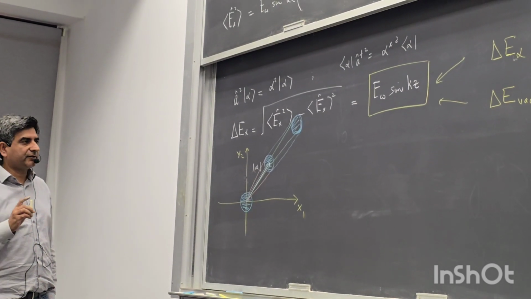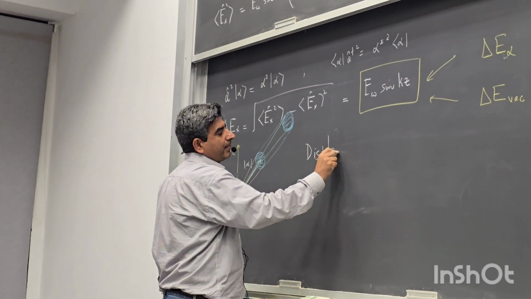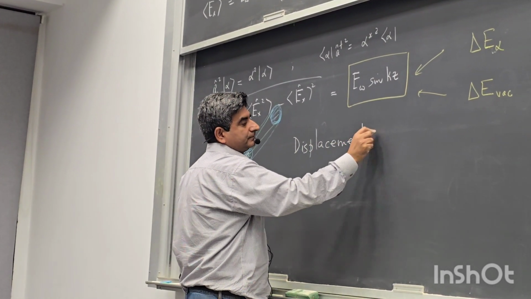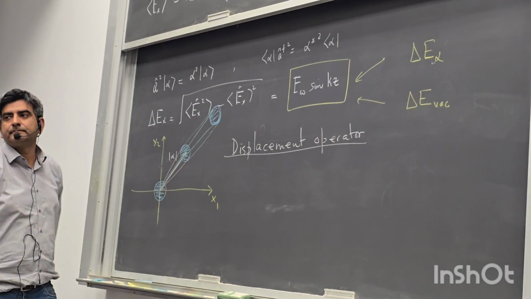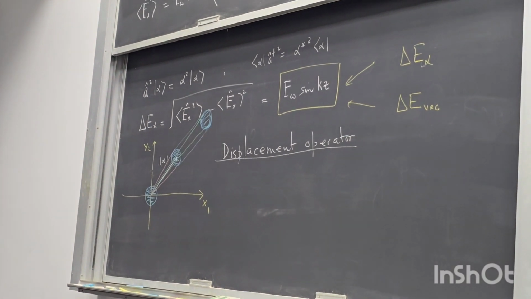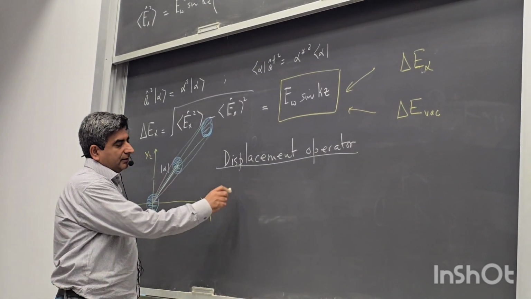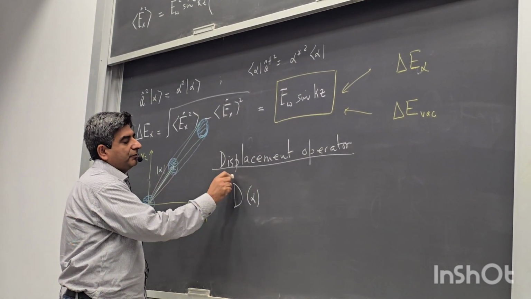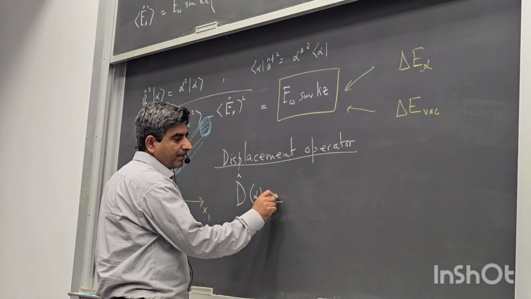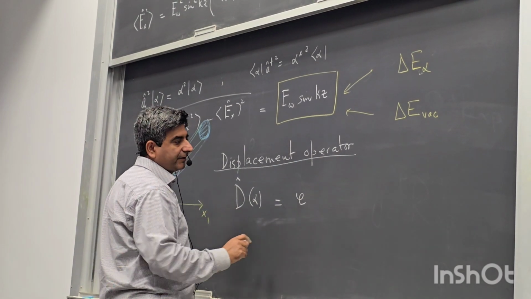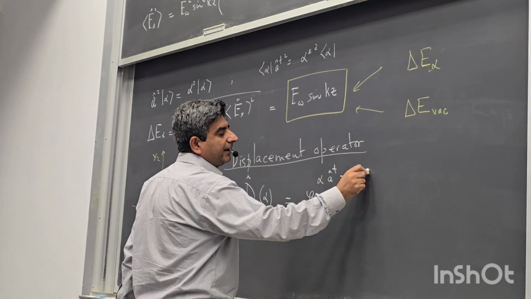And there's another operator that is very useful in quantum mechanics and quantum optics. That's called the displacement operator. So let's define a displacement operator. I define a displacement operator through a distance alpha in the following fashion: D of alpha equals e raised to power alpha a dagger minus alpha star a.